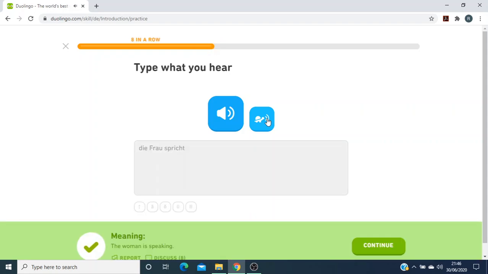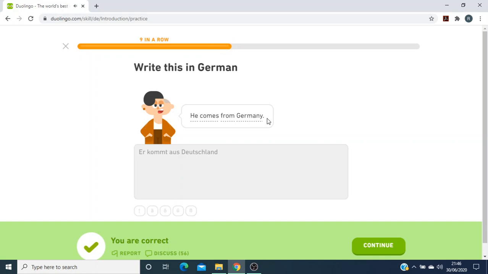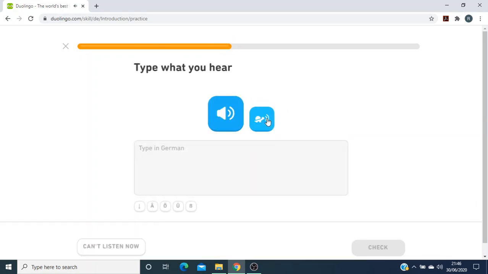No, the woman comes from Germany. Kommt aus Deutschland. Die Kinder kommen aus Italien. That's the children come from Italy.